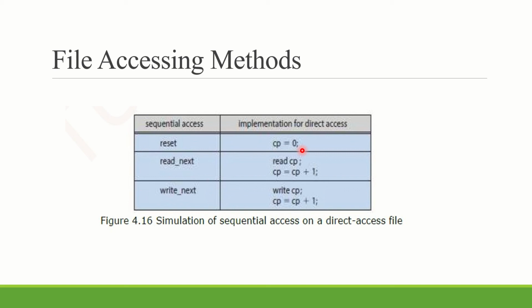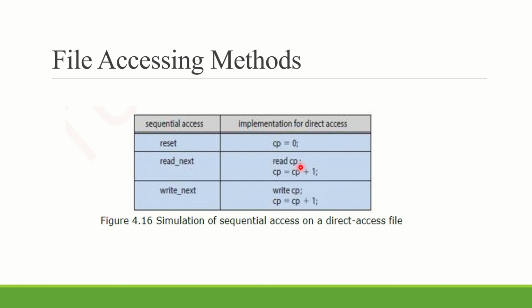Then read cp. Suppose you have to move to the 50th record, first it will read; currently the current pointer is 0, so it reads 0. Then cp equals cp plus 1. To read the next record, the current pointer plus 1; and to write next, also current pointer plus 1.